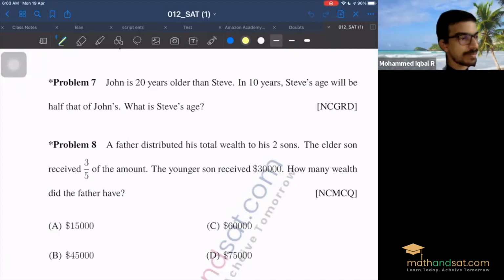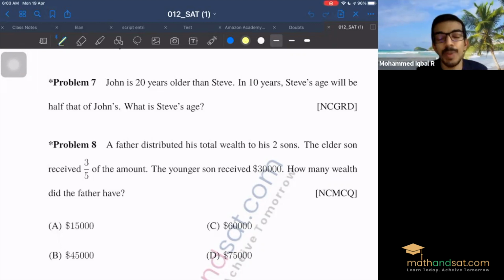Yes, question number 7. John is 20 years older than Steve. In 10 years, Steve's age will be half that of John's. What is Steve's age? Okay, these are typical age problems that can be solved using linear equations.